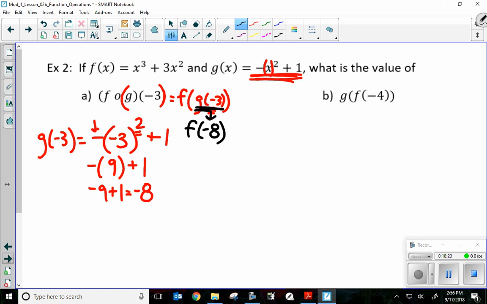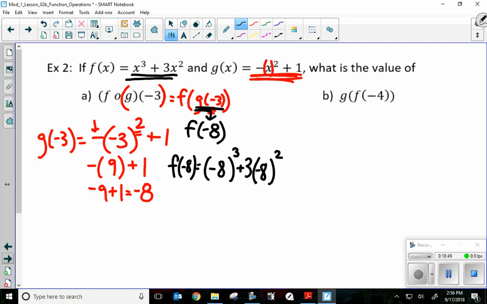All right, well, here is my f function this time. So f of negative 8 would be, I take x and I cube it, and I add 3 times x squared. Cool, all right. So I take negative 8 and I cube it, and I take negative 8 and I square it.